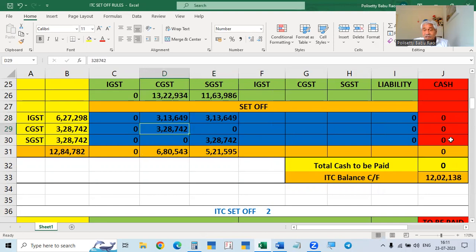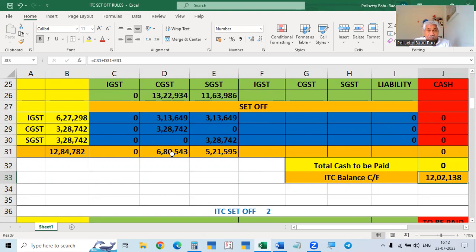So this also becomes 0. First we adjusted CGST against CGST, SGST against SGST. Now the excess amount available in these two can be used against the IGST. CGST cannot be used against SGST, but CGST can be used against IGST. So everything is okay. The balance available is okay. The liability is 0.